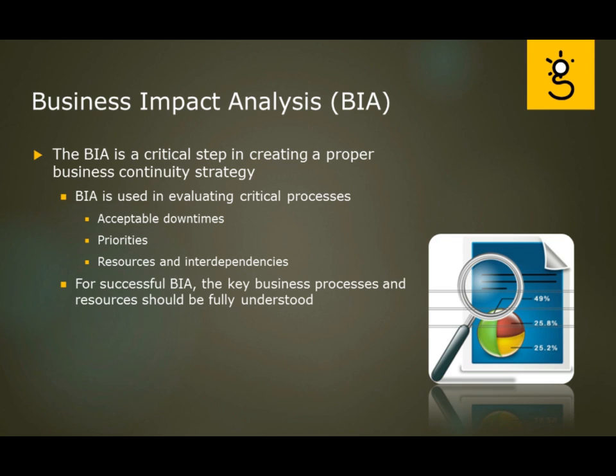For a successful business impact analysis, the key business processes and resources have to be fully understood. And it goes beyond that, right? If I just say that data of my customers and their accounts is most important, okay, great. But you need power to turn on the server that's storing that information.